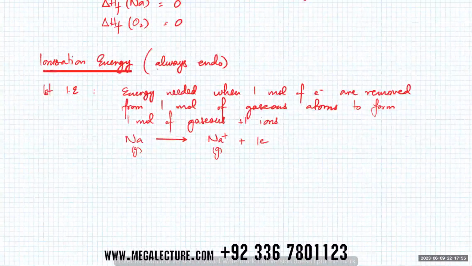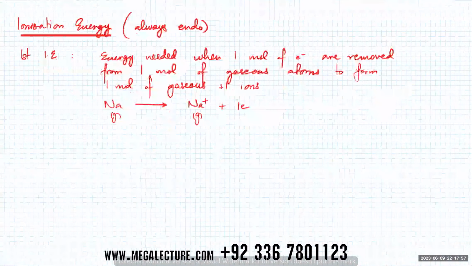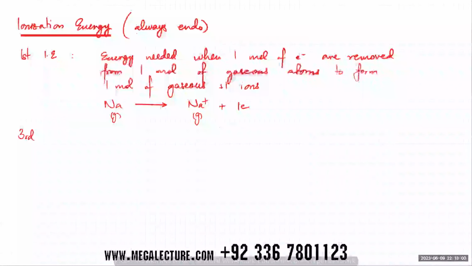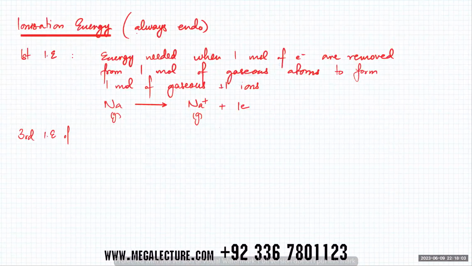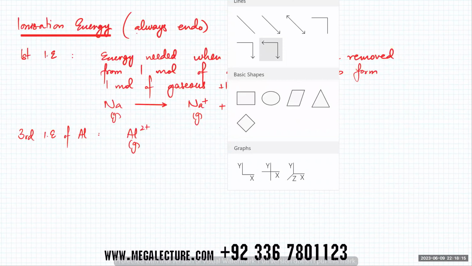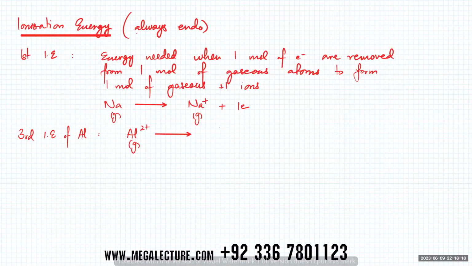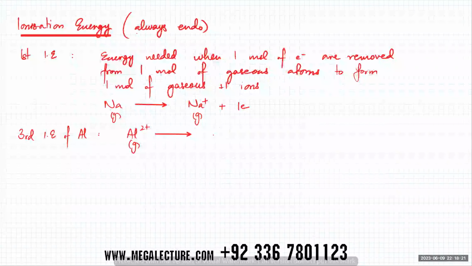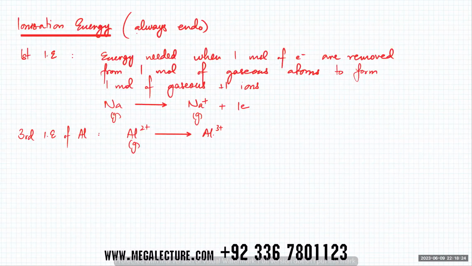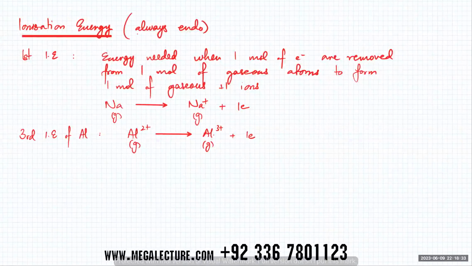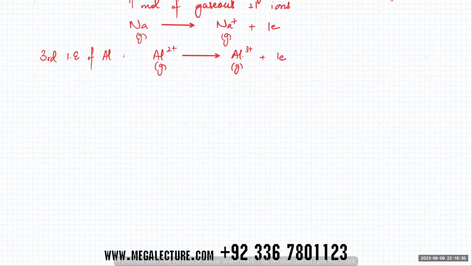So that's the first ionization energy. What could be the equation for the third ionization energy of aluminium? How would you write it? Al2+ gas goes to Al3+ gas plus 1 electron. So that's your third. So what are the factors that affect ionization energies?